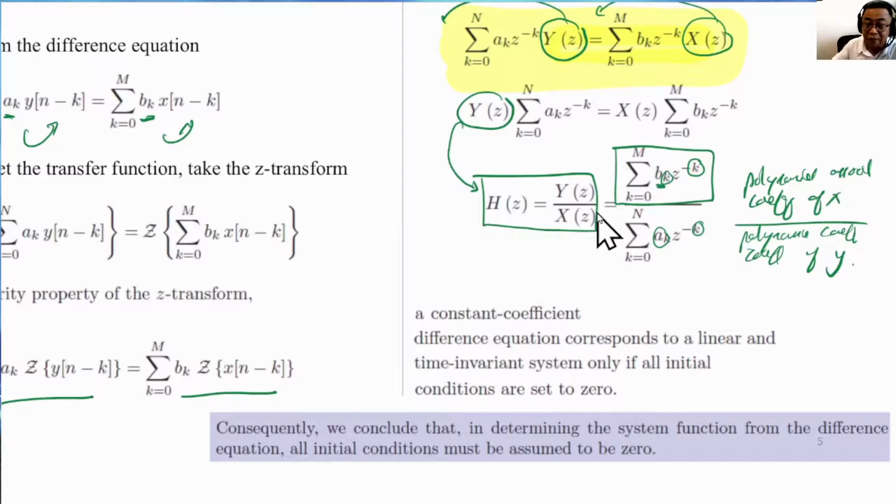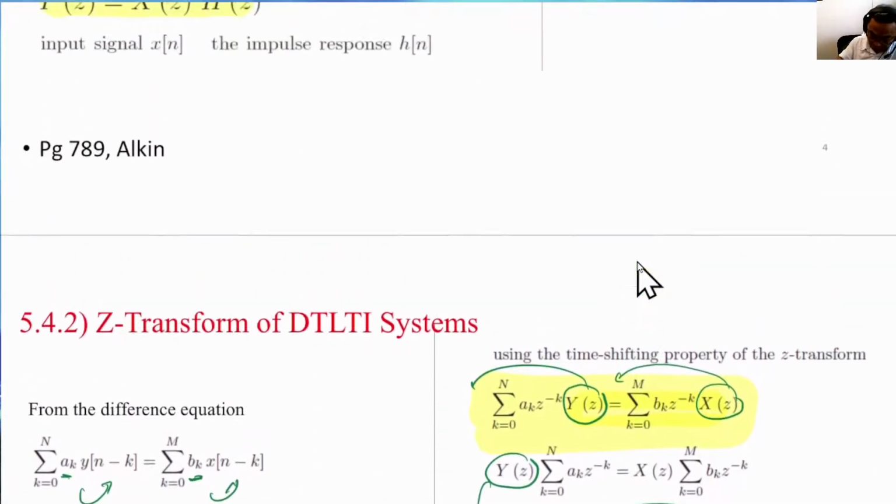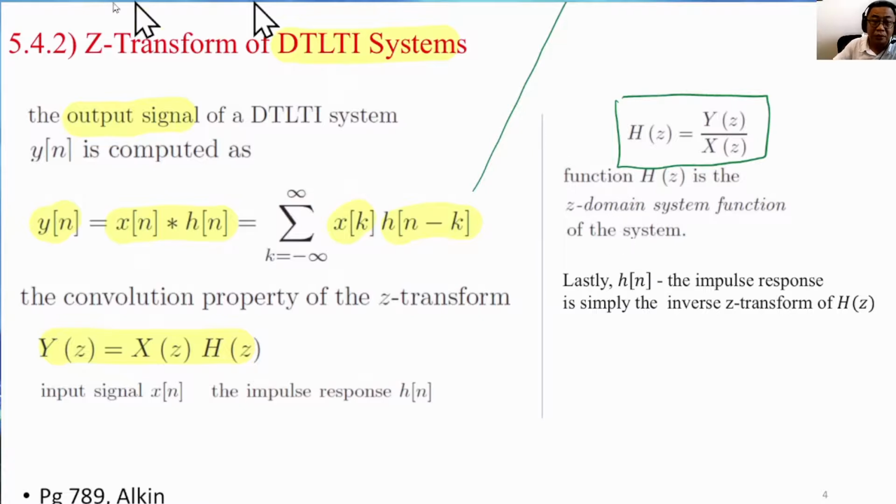Now, since we have already found H of z, then finding h of n is trivial. The inverse Z transform will give you h of n. Once we have found h of n, then we can go back to this equation to find y of n using the convolution equation.